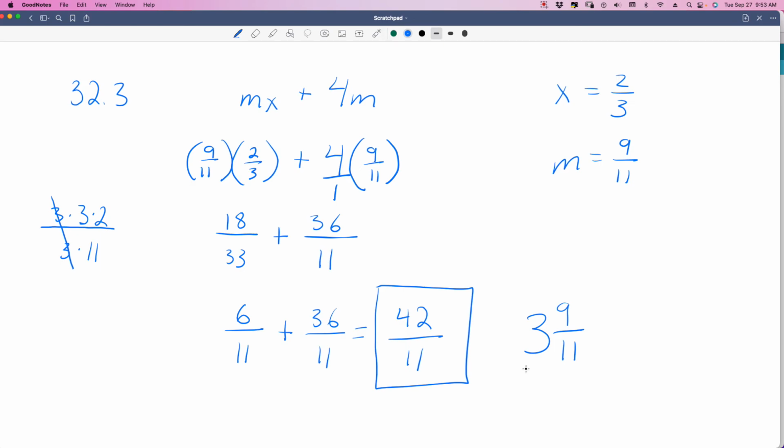And follow their lead. But you can type in either one of these answers into the system. That's what I want you to understand. Okay, as we get into higher math, especially in algebra, this will be the answer that I want you to type in.